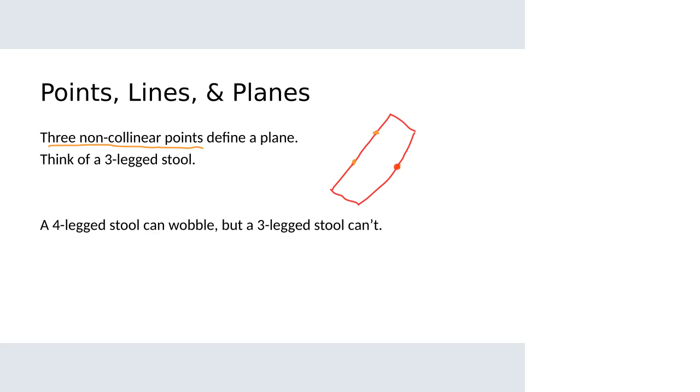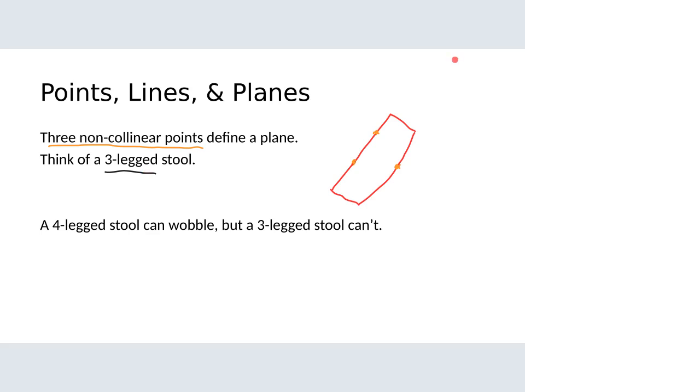And a really good way to remember this, and a good way to illustrate it for kids if you're talking about planes, is if you think about a stool that has 3 legs. If you take a 3-legged stool, and you don't see those very often, it's kind of unfortunate, and you set it on the ground, it won't wobble because the plane that it's defining is the floor.